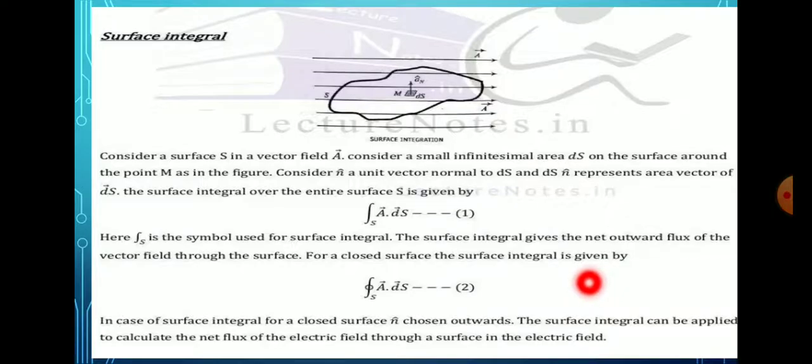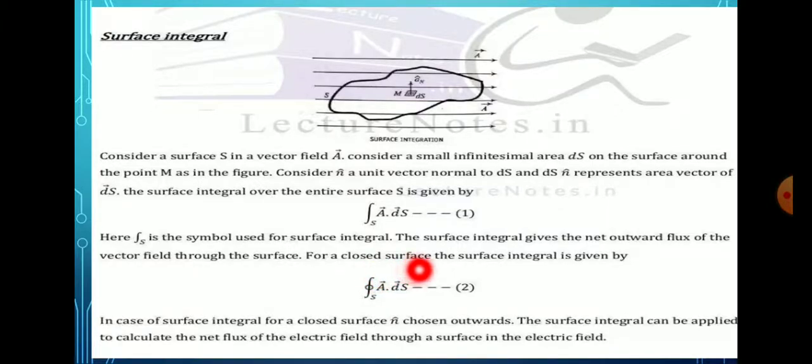Here n cap must be chosen in the outward direction, and the total flux becomes the closed integration over S of A bar dot ds bar, which represents the net outward flux of A bar from S. The closed integration over S is the symbol for the closed surface integral.